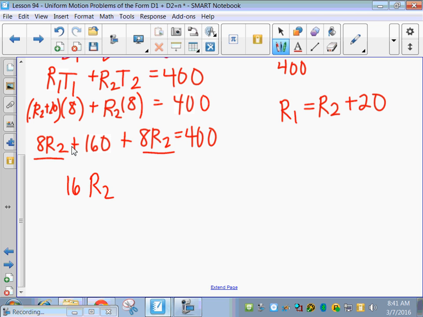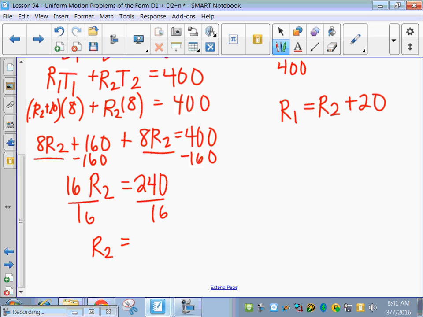And at the same time, I'm going to subtract 160 so I can get it over on this side. So what is that? 240? Okay. And divide by 16. Anybody got that for me? 15. Cool. And let's see, we're in miles per hour. This is a rate, so 15 miles per hour for R2.